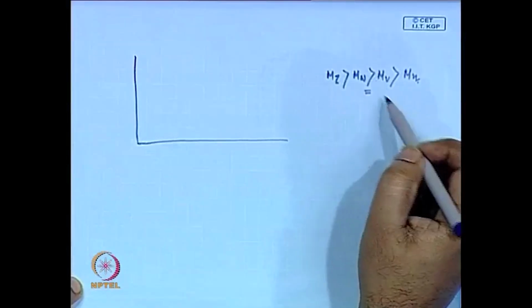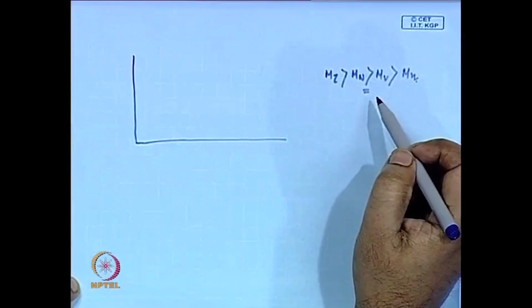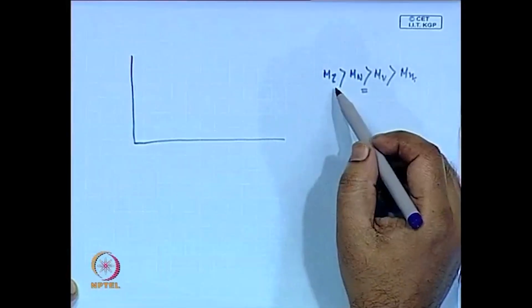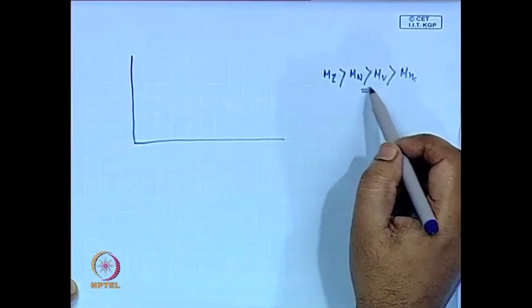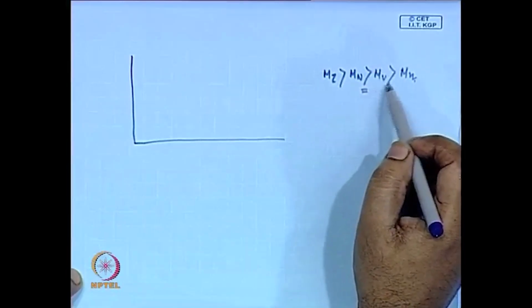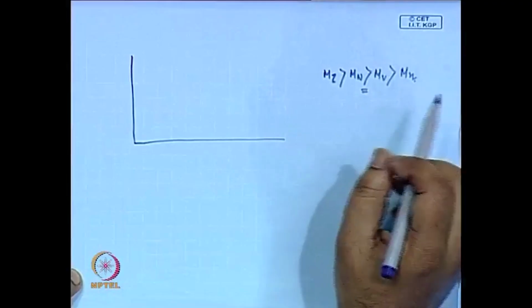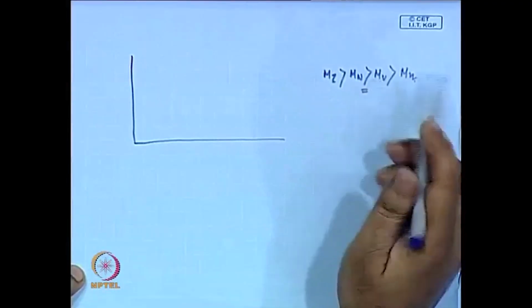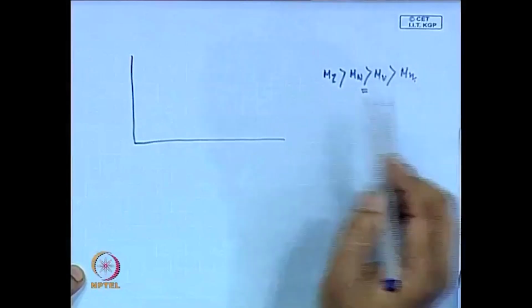So, of all the four molecular weights we talked about, Mn has the least value, Mz is the highest, and then Mw, and Mw and Mv are very close, within 10 to 20%. Mv is always lower than Mw, but it is very close, within 10 to 20%.